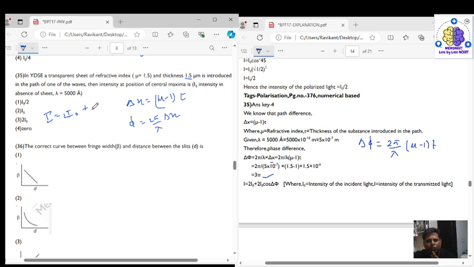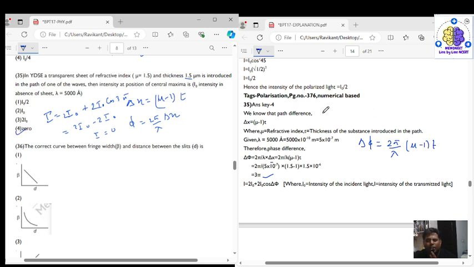It will result in 2 I naught into cos phi, that is cos 3 pi, and cos 3 pi is equal to minus 1, so it will be equal to 2 I naught minus 2 I naught, so I will be equal to 0, right? So the correct answer is option 4, right?